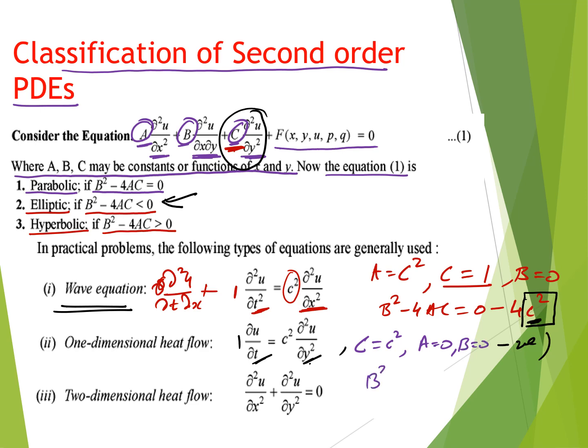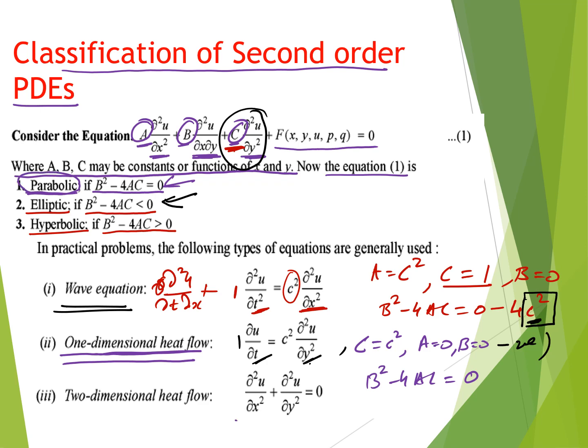So by using the formula b square minus 4ac, the value of b is 0, the value of a is 0, so this will be equal to 0. That means the 1D heat equation is parabolic as per the classification.